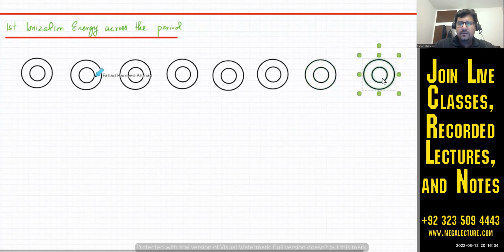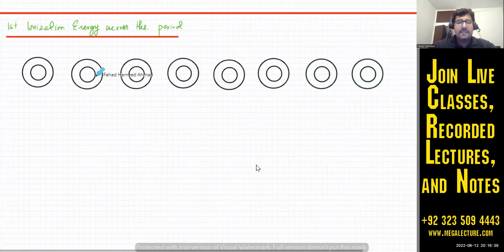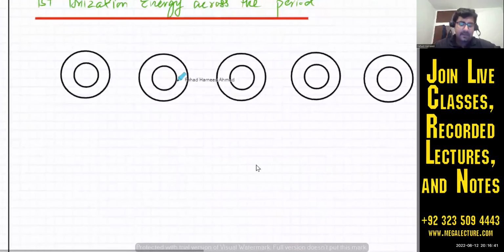So those are all your atoms, right? Now lithium, the first one. Across the period, it's lithium, beryllium, boron, group 4, that's carbon, nitrogen, oxygen.